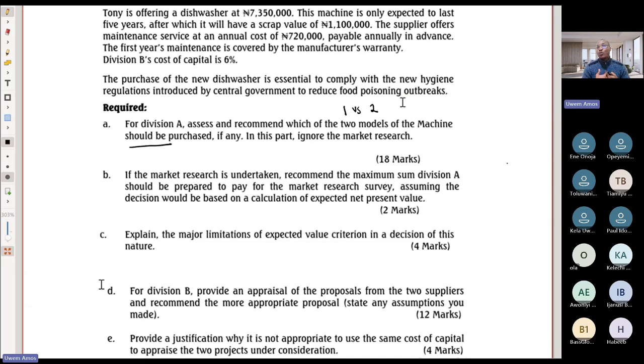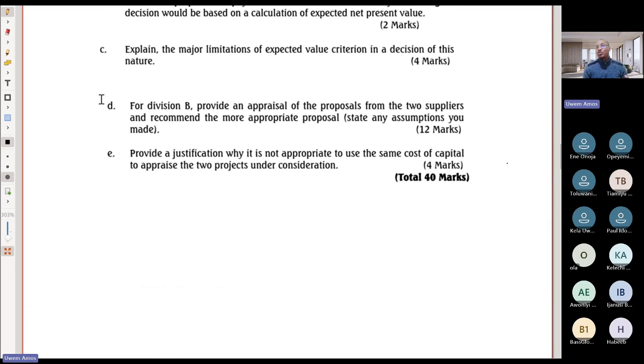Based on the information we have right now, if we go for machine A, we're going to make 42,348. How much are we willing to pay to get information that pinpoints which of the two is the exact one to go for? That is what the second question is about.